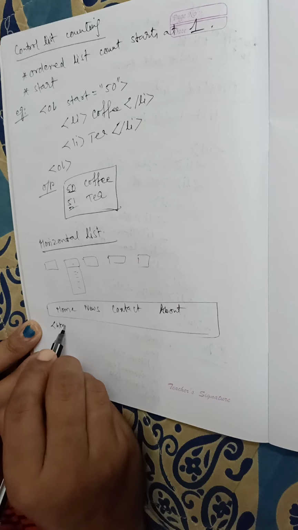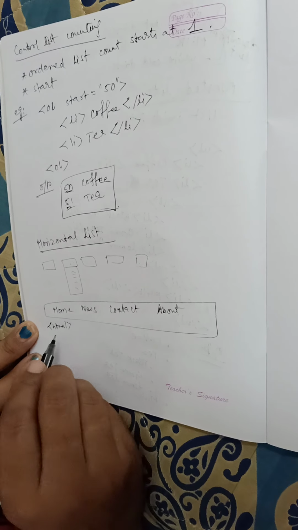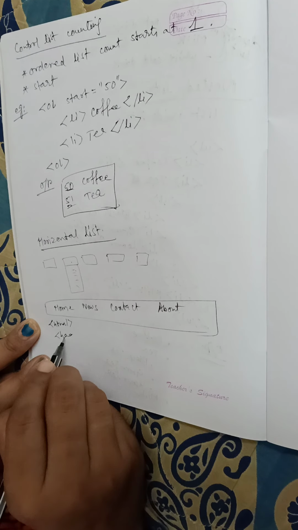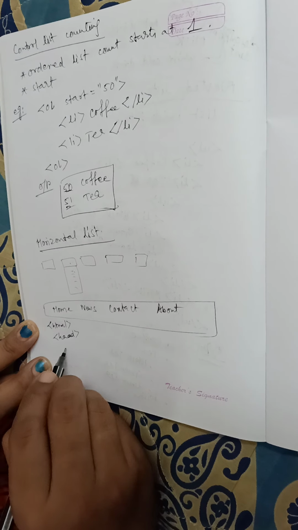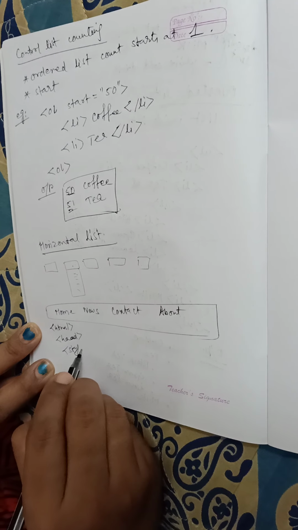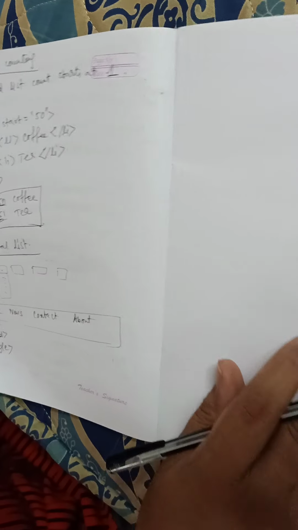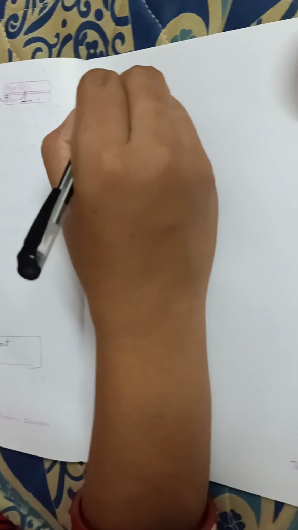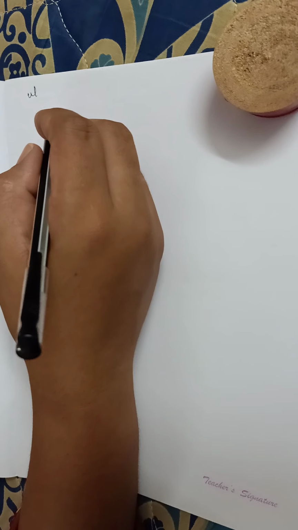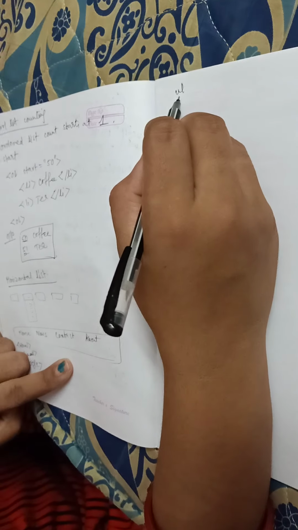So I'll be mentioning that HTML portion, mention the head tag. Now I'm using the style tag for styling all this. Since no numbering is done here, we are using the unordered list.